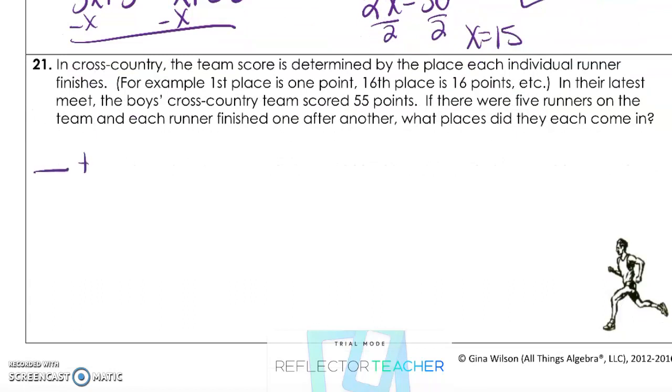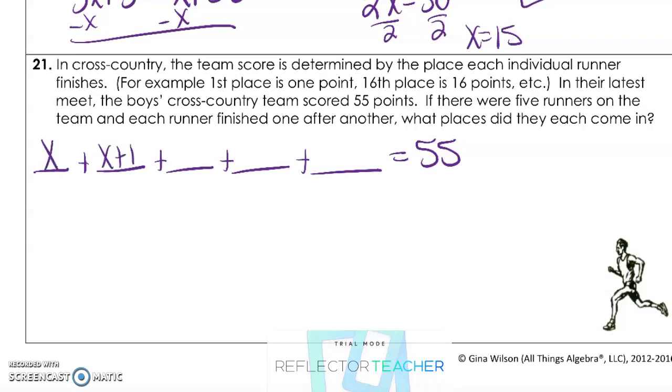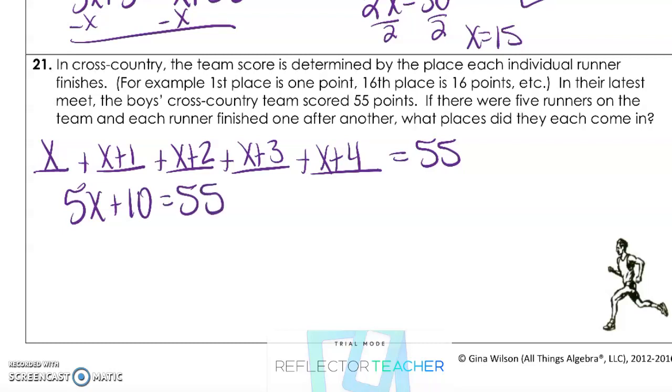So 1, 2, 3, 4, 5 runners have to total 55 points. And they're right after each other. So x, x plus 1, x plus 2, x plus 3, and x plus 4. So combine like terms, 5x plus 10 is equal to 55.